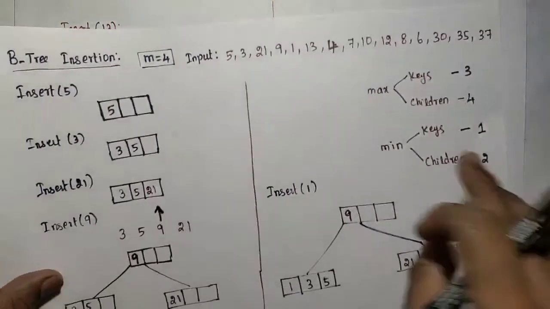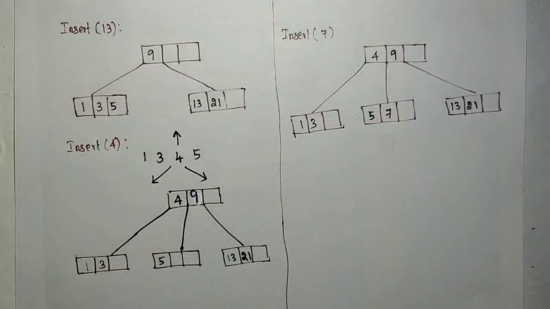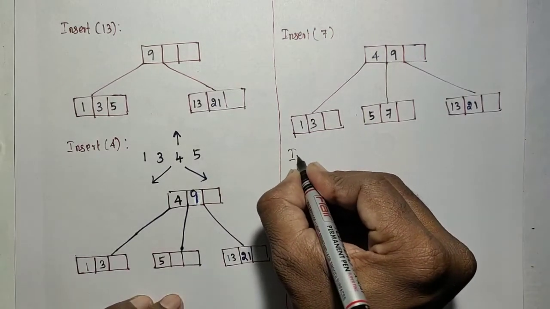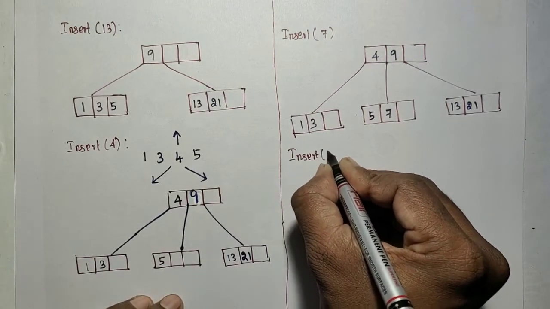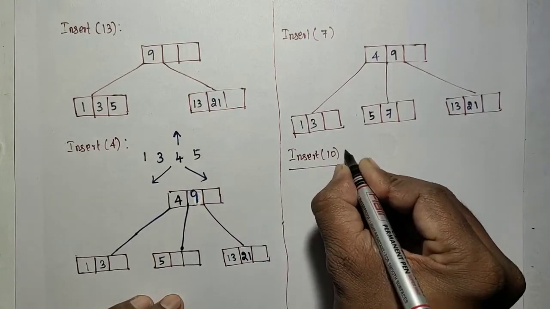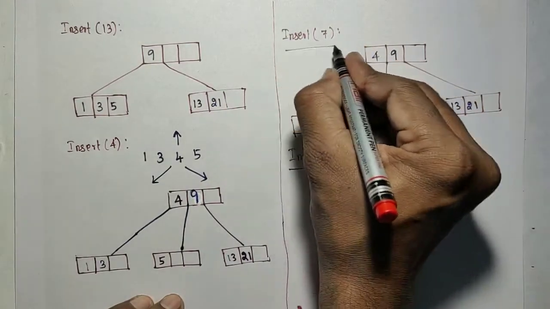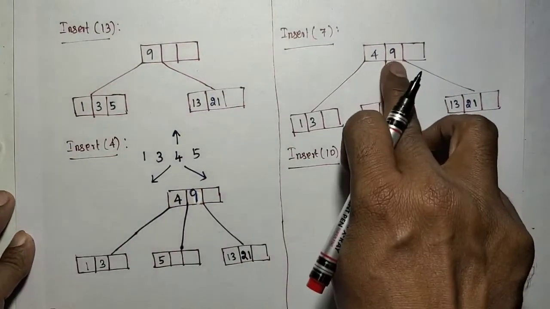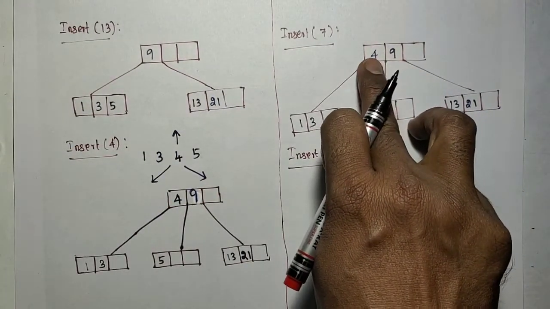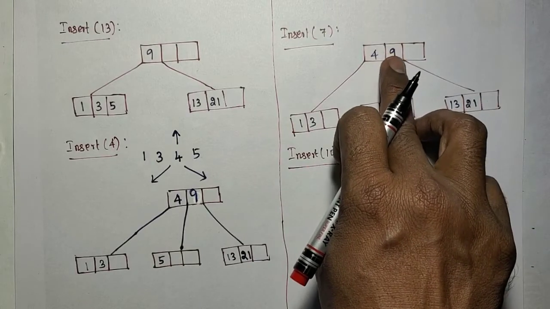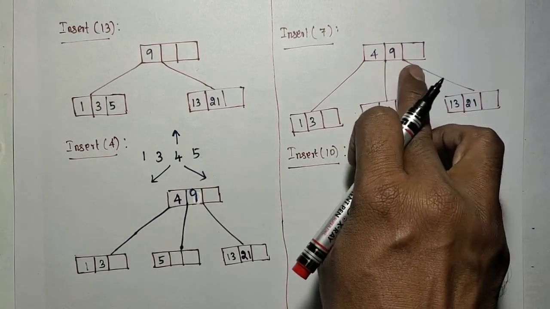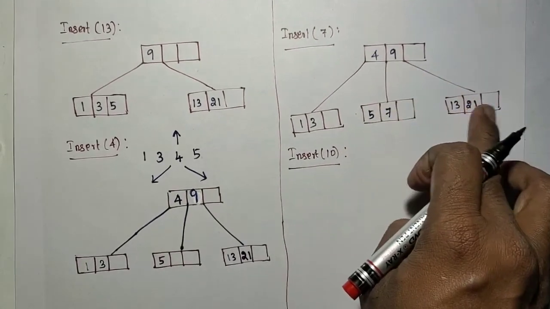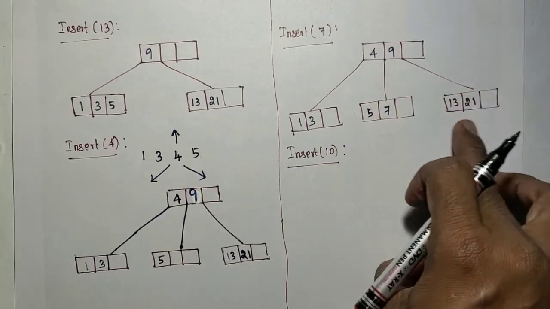The next element to be inserted is 10. I start from the root. Here 10 is greater than 4 and greater than 9, so it should be inserted at the right of the 9. Go to this node and check whether it is a leaf.